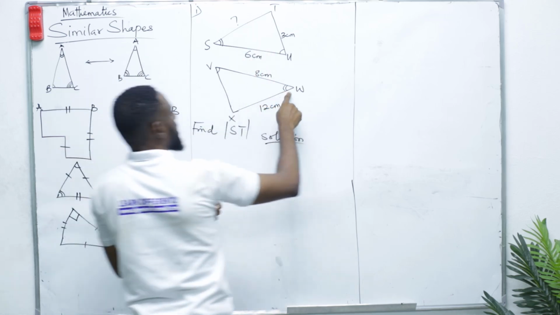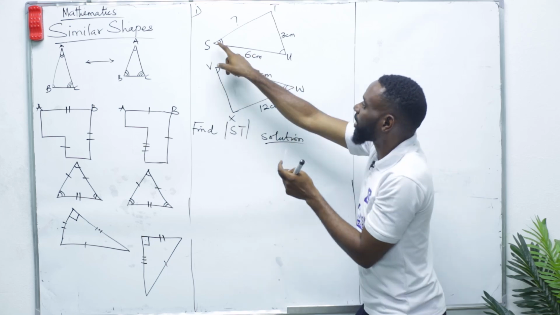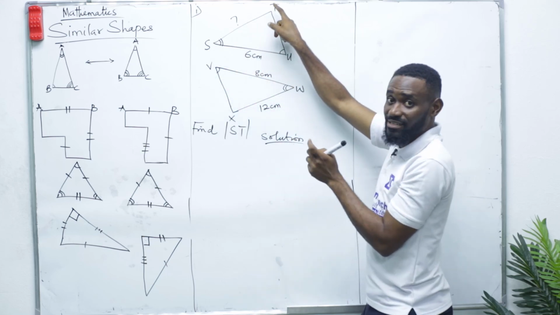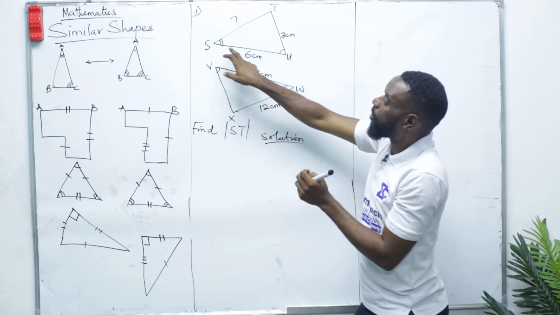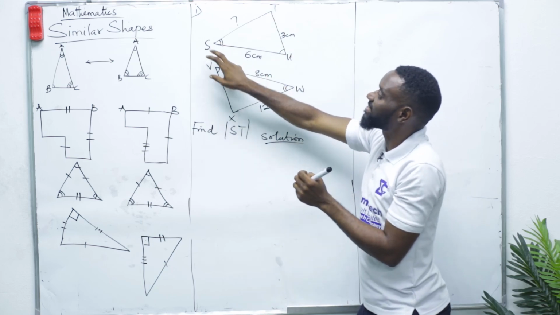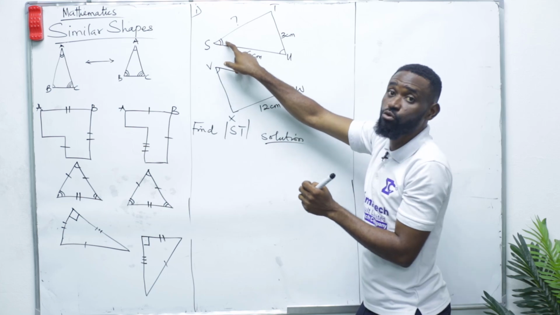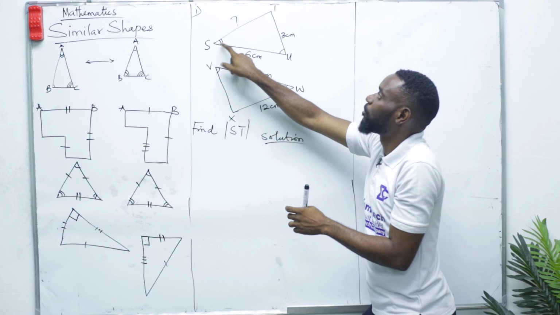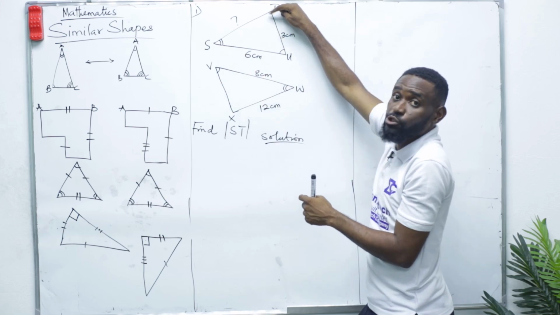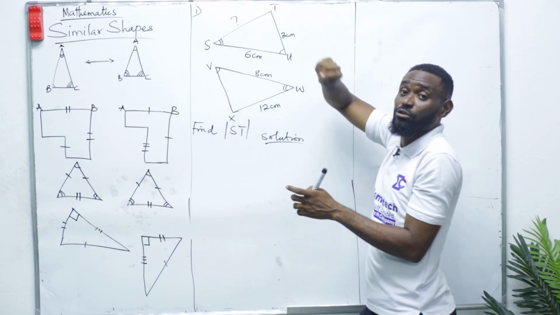It means that in this angle, what corresponds to this side? Look at this now. What corresponds to this ST? Remember, our point of reference is where we have these two arcs, where we have angle S, these two arcs, to where the angle was not given or not labeled.